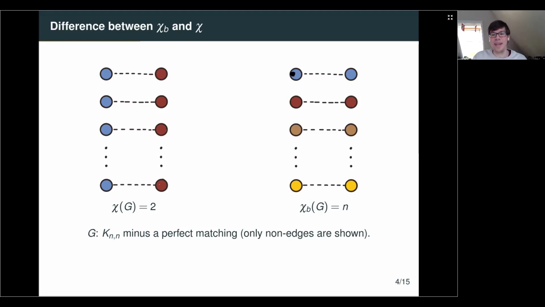And then like this, all vertices will be B vertices for their color. Because for example, if we look at the blue vertex on the top left, it is adjacent to all of the other vertices on the right. Therefore, it will see all the other colors in its neighborhood, right? And this is true for every vertex, of course. Therefore, this is a B coloring of that graph, and it uses n colors.